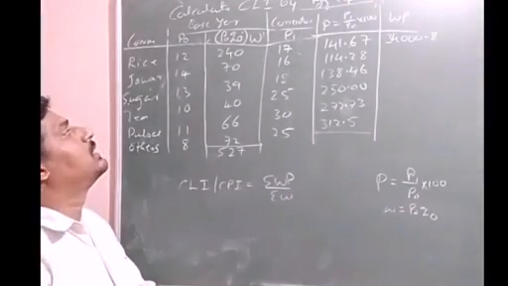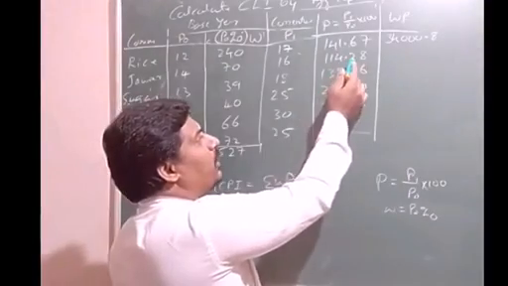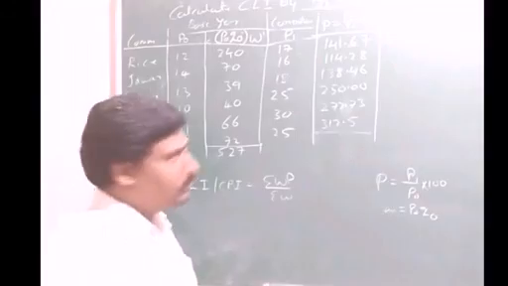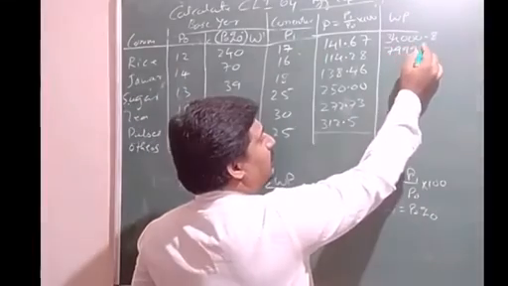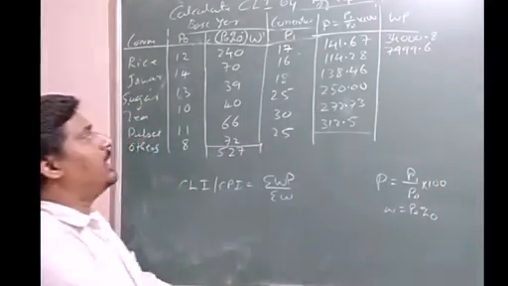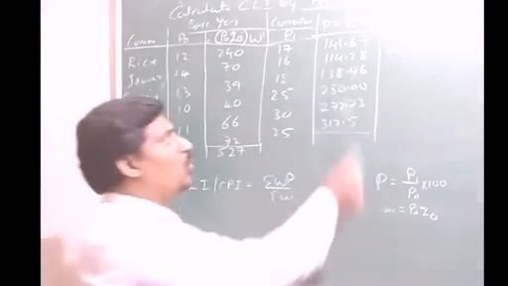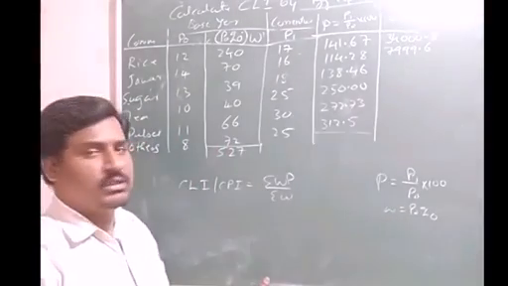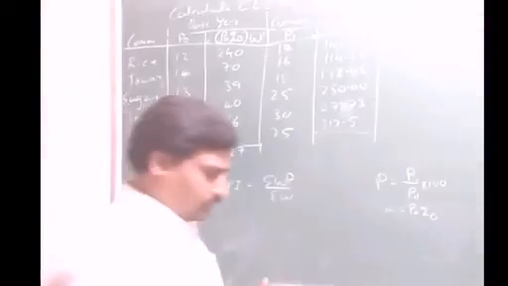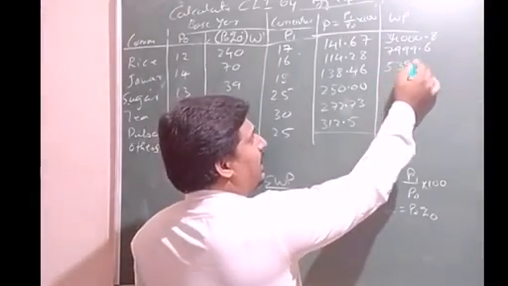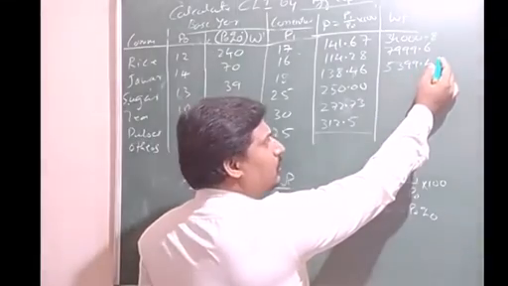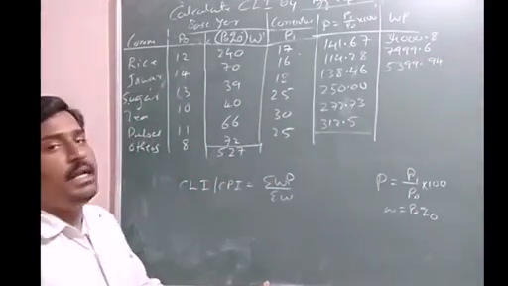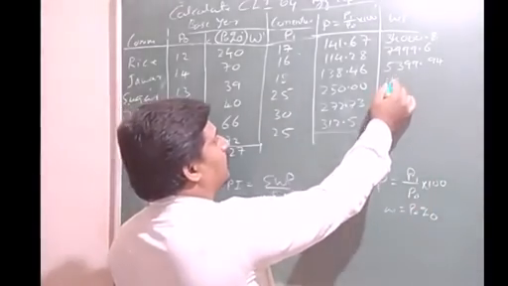Next, 70 into 114.28, 7,999.6. Next, 39 into 138.46, 5,399.94. Next, 40 into 250, 10,000.